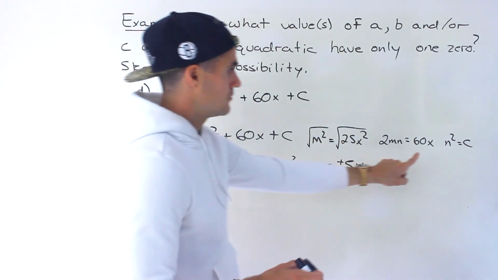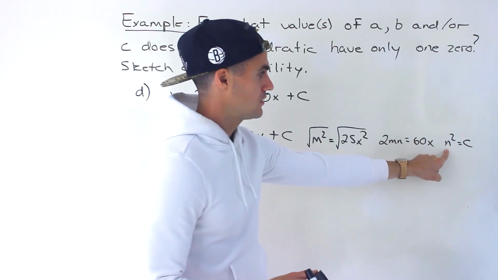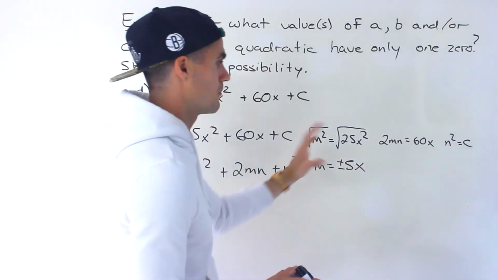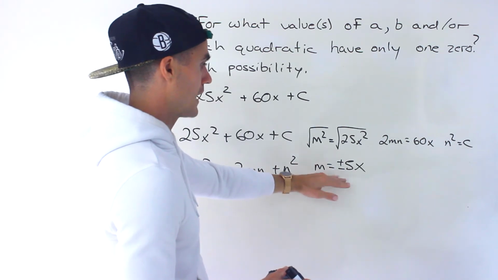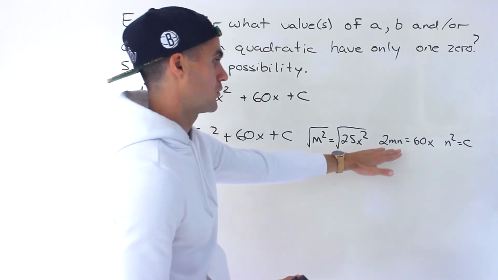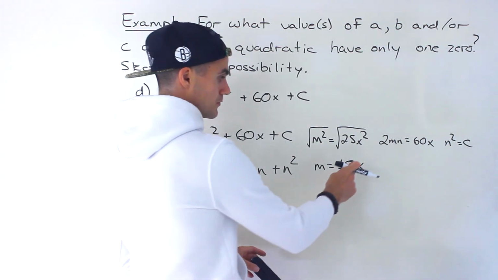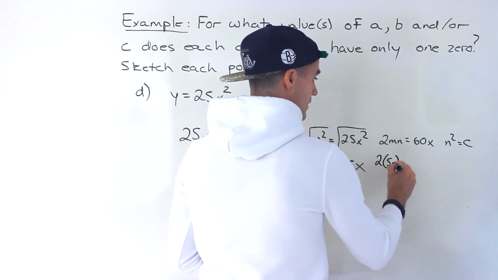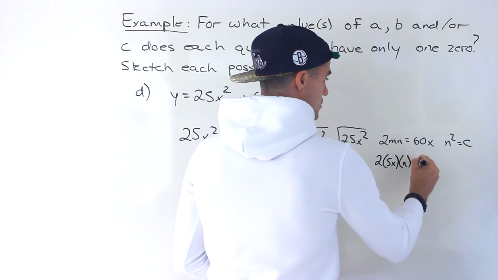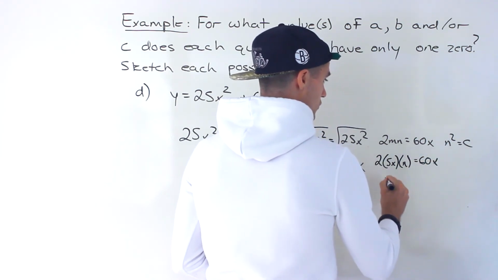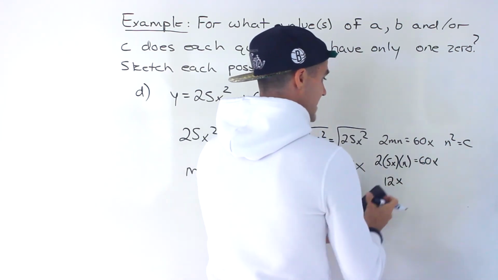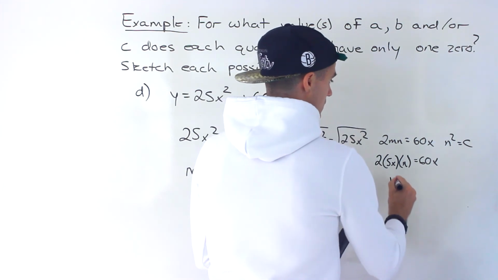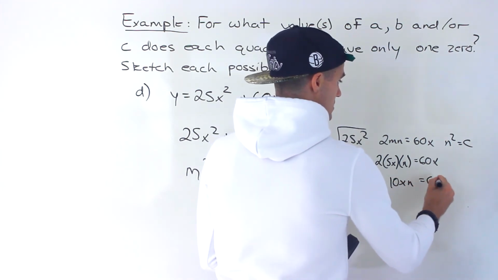But again, because we're going to be squaring the n value here to get the c value, it's not going to matter ultimately, but I could show you both scenarios here. So let's say we start off with positive 5x. The m value is 5x. The n value we're solving for, so we'd end up with 10xn equals 60x.